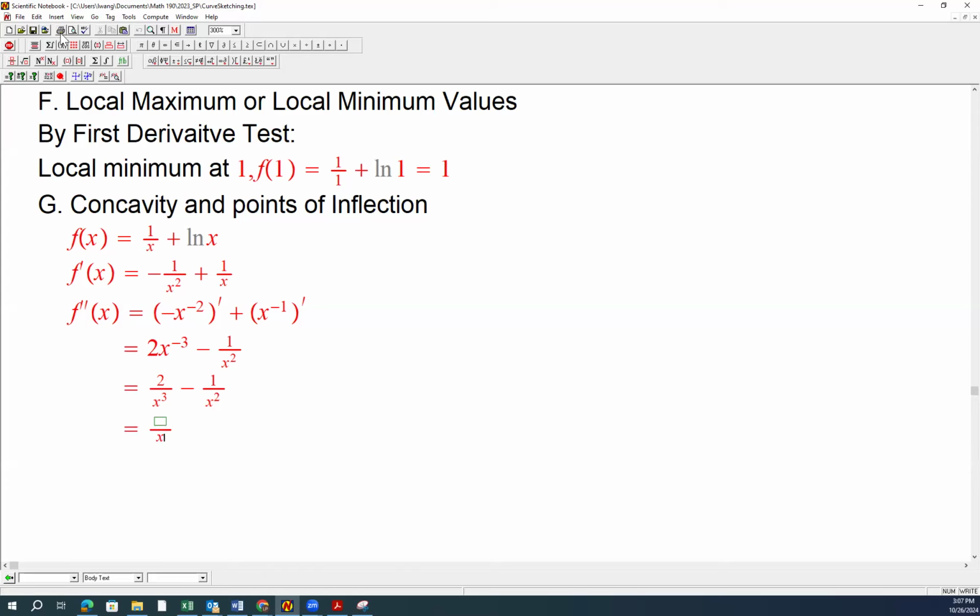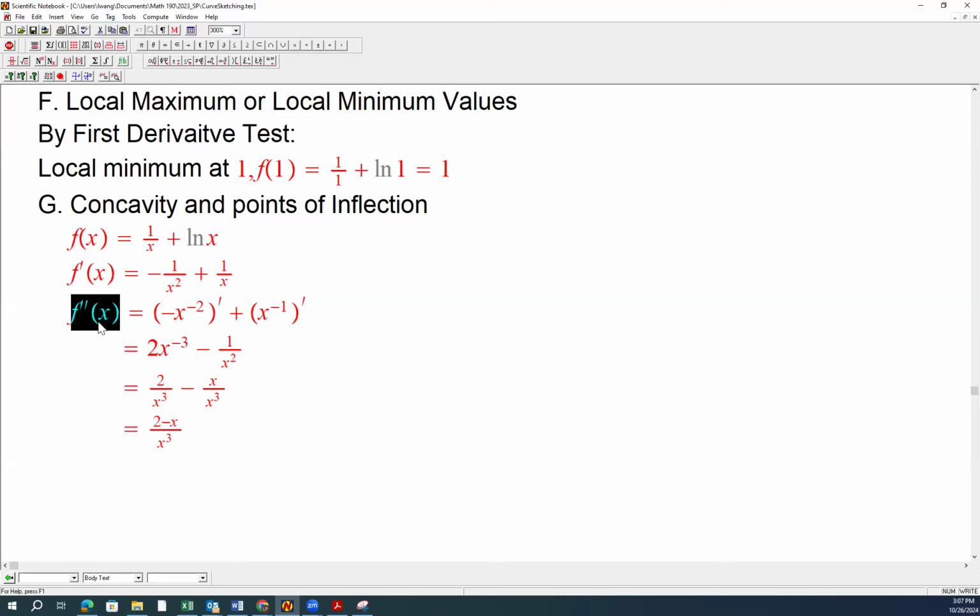So we keep x raised to the power 3, and this piece will be x over x raised to the power 3. Does that make sense? So there's going to be 2 minus x. All right, so we got the second order derivative.